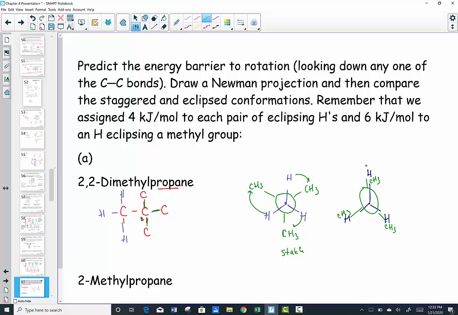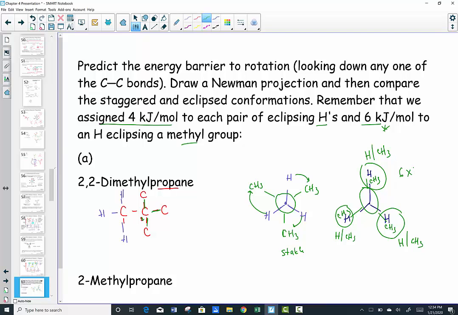We have an interaction of an H to CH3. Remember that we assigned 4 kJ to each pair of eclipsing hydrogens and 6 kJ to eclipsing hydrogen with methyl. Well, each of these is an eclipsing hydrogen to methyl. They're all identical interactions. So what is the cost of energy to this molecule? Well, there's 6 kJ for each of these 3 interactions.